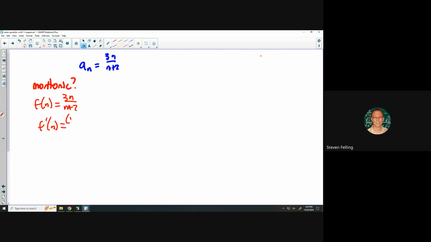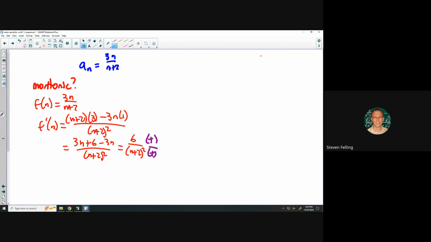So that's going to be low d high minus high d low over low squared, which is going to end up being 3n plus 6 minus 3n over n plus 2 squared, which is 6 over n plus 2 squared. Okay, and this 6 on the top is positive, and the denominator, no matter what n is, is positive because it's squared.